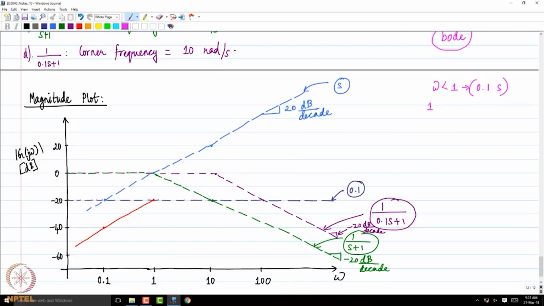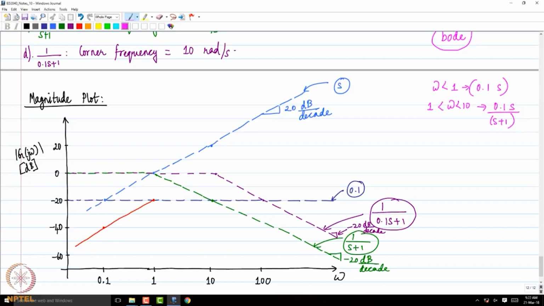Between omega 1 and 10, we will have 0.1 times s, and 1 divided by (s plus 1). Now s will contribute a slope of plus 20 decibels per decade. 1 divided by (s plus 1) will contribute a slope of minus 20 decibels per decade. Both slopes will just cancel off. So what will I be left with? I will just be left with a horizontal line at the same value.